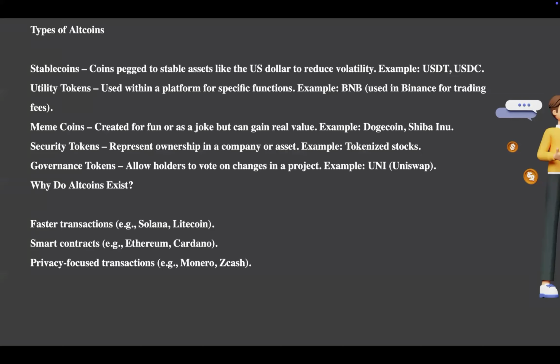So moving on, security tokens represent ownership in a company or assets. Basically, a security token can be like tokenized stocks. We know more of the tokenization of real-life assets, where properties are broken down into, let's say, cryptocurrencies.